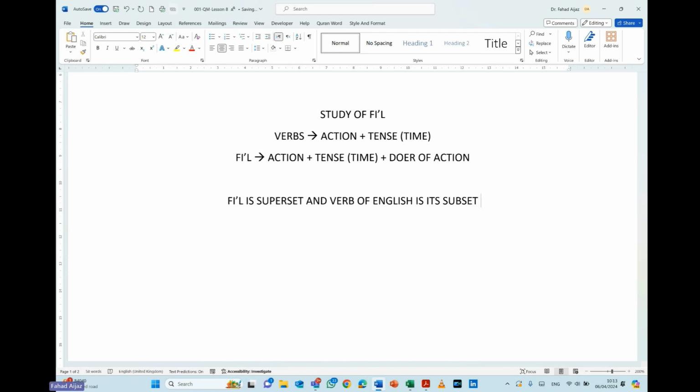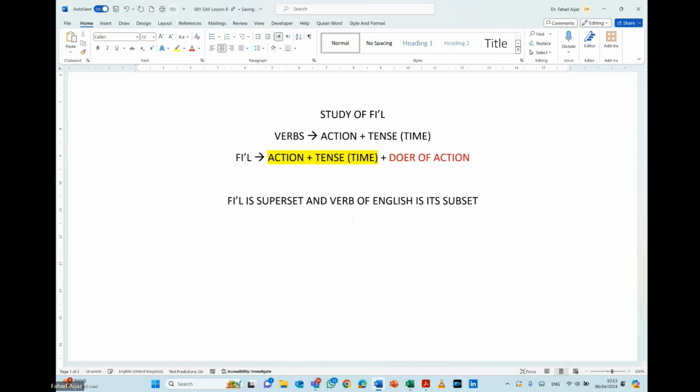The fi'l of Arabic is bigger, and there is a verb of English inside it, because of the action and the tense. Just like the ism, if you remember, the definition of ism in Arabic was much broader than the noun in English. Much like that, you have the doer of the action as an additional add-on.